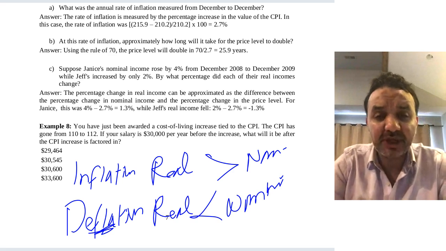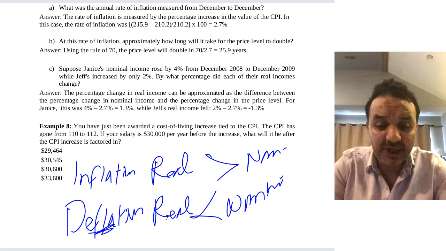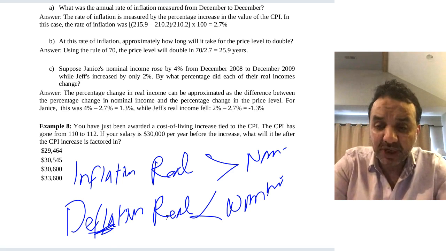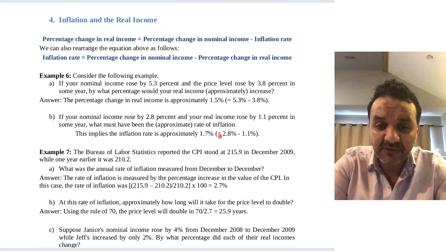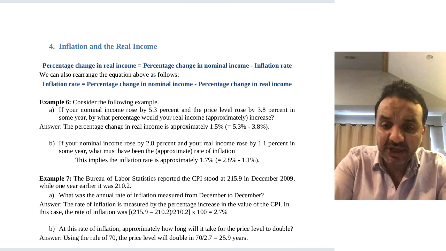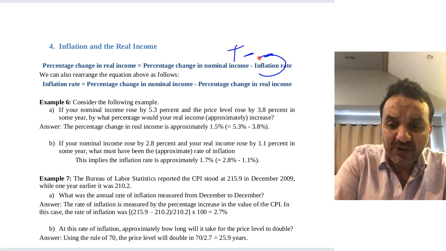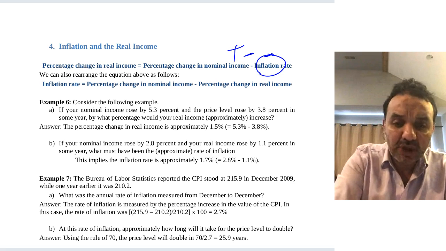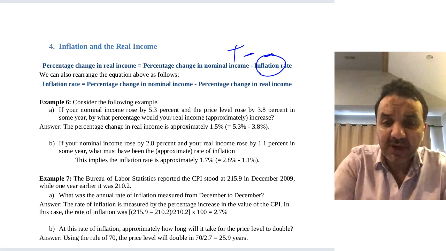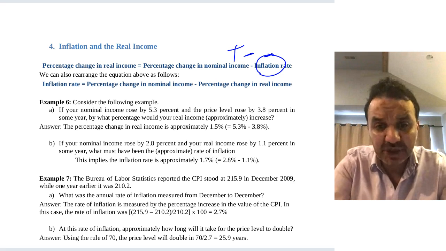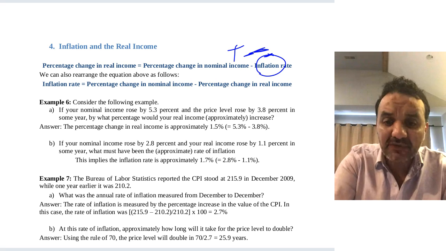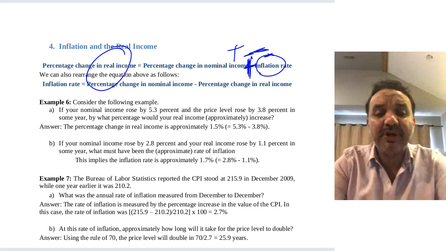Because deflation means the inflation rate is a negative number, so in the formula the negative turns to be positive. Let me repeat this one more time. Whenever there's inflation, real income will be less than nominal income. But whenever we have deflation, meaning the inflation rate is negative, this will turn positive, so real income will be greater than your nominal income.